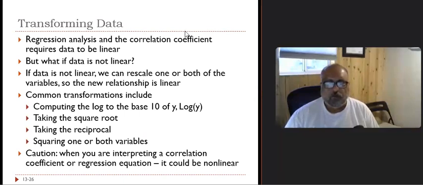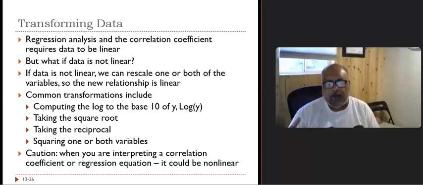All right, so transforming data. Why do we need to transform data? This data may not always be linear. If data is non-linear, we have to use transformations like logarithms, square roots, reciprocals.